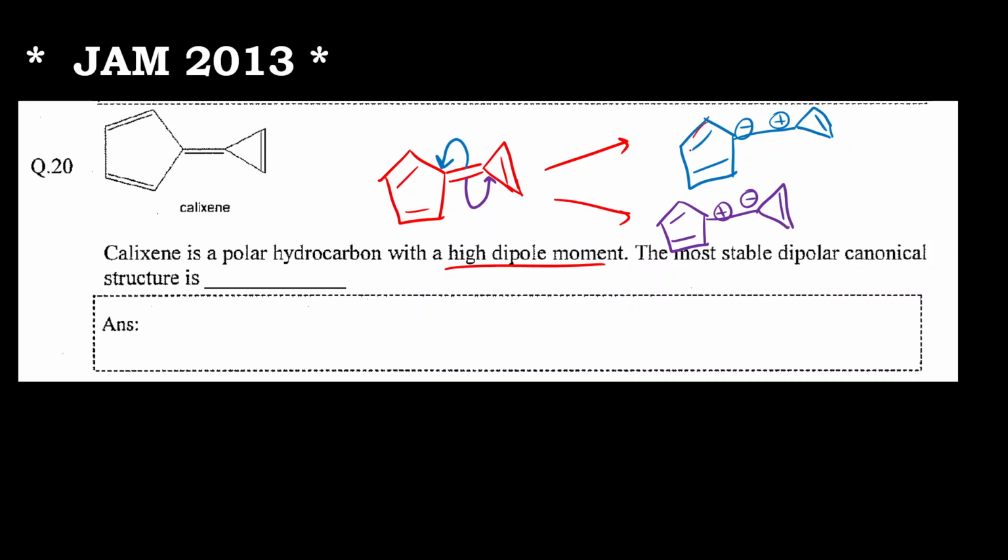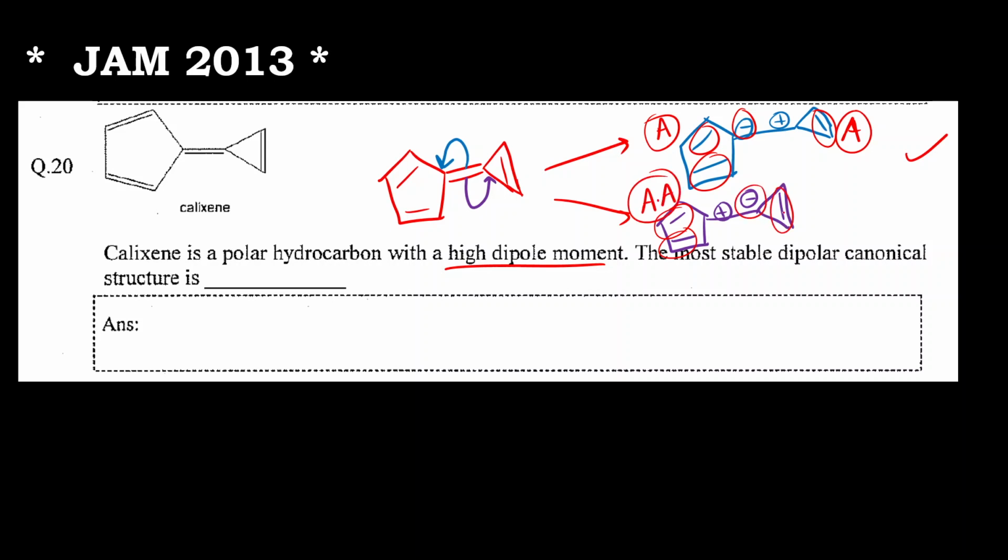Here if you see this ring, 2 plus 2, 4, 4 plus 2, 6. So this is aromatic. Here there is 1 pi bond, that is odd number. So this is also aromatic. Okay, so this is going to be the correct structure. Second structure, if you see here, 1 plus 2, even number of pi bonds, that is 4 pi electrons. It will follow 4n pi electron rule, that is, it is going to be anti-aromatic.